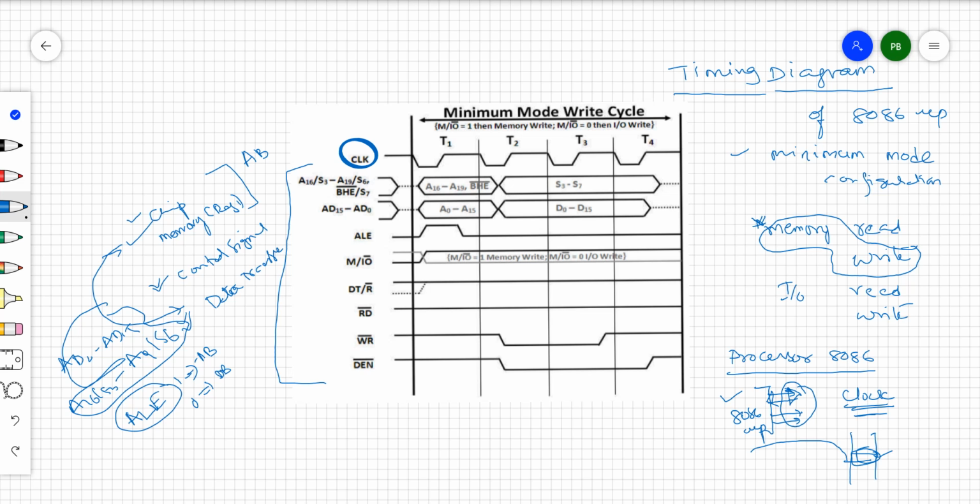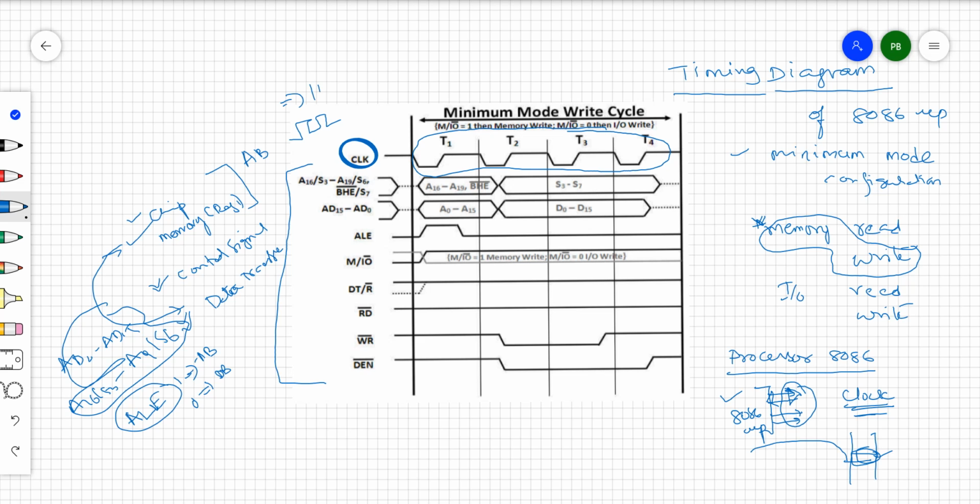For every operation, that means to read data from the external memory to the processor, or to write data from the processor to external memory, or to read from the input device, or to write to the output device, the processor takes 4 T states. The timing of one T state depends upon the clock frequency.